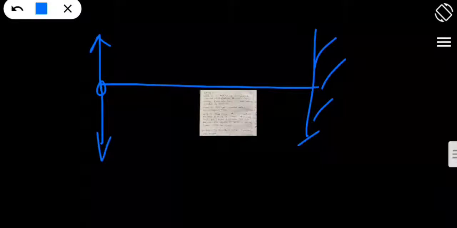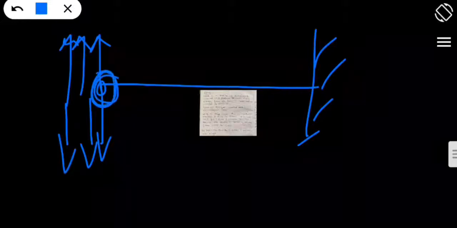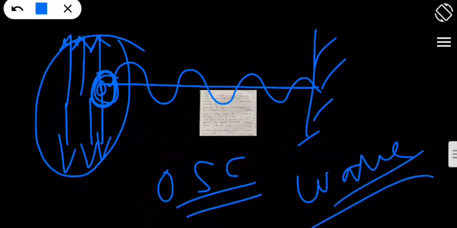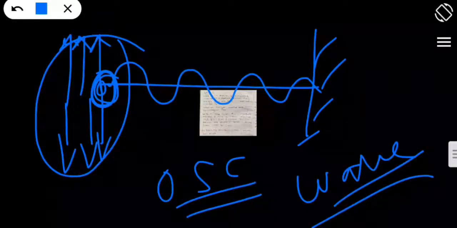Continuous oscillation of this particle will allow the disturbance to flow in this direction, right? So this is the creation of wave. Oscillation is responsible for the creation of wave.